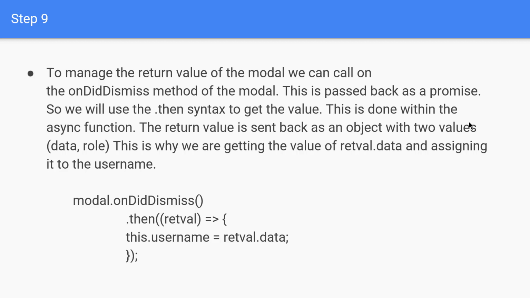This is why we are getting the value of retval. So here, this is the data that's being returned, and then we will assign the value of the retval data, as opposed to the retval role, to the username. This is where we pass information back from the modal into our component.